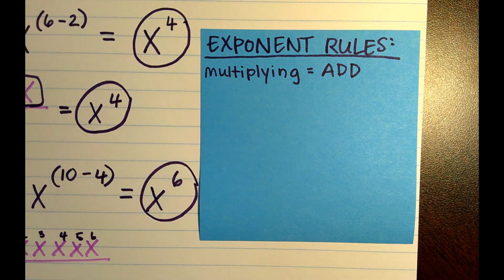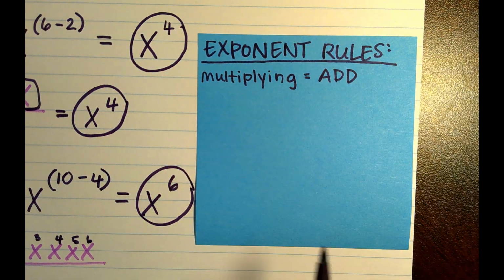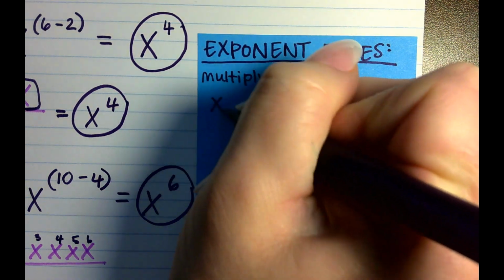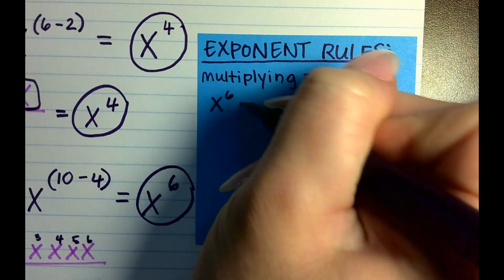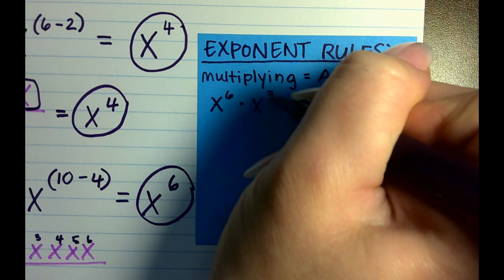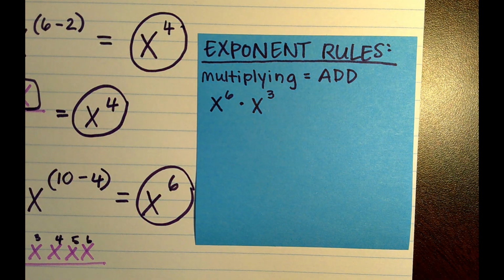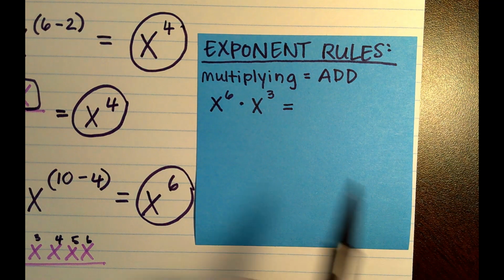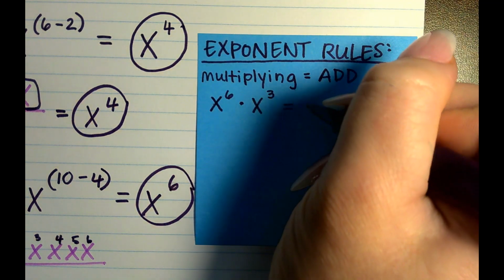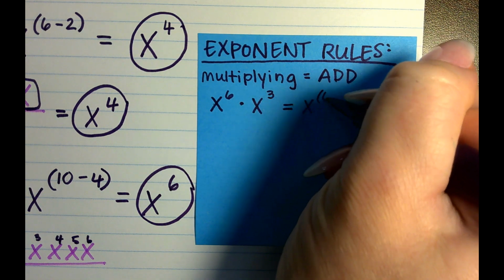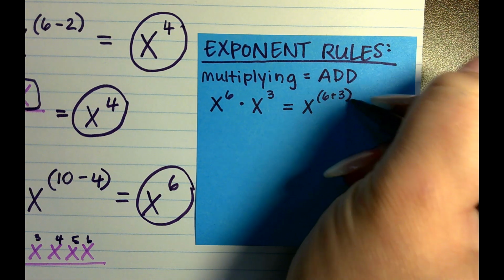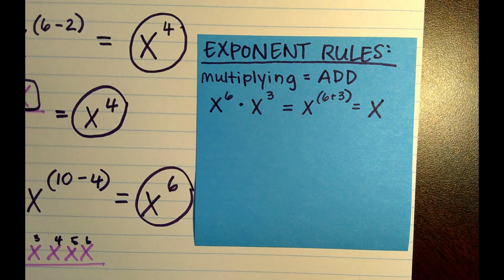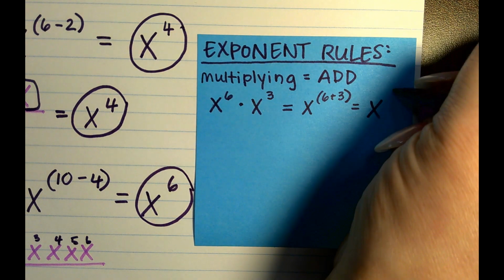When you're multiplying, add, and then I'll give an example for each, such as x to the 6th times x to the 3rd equals x to the 6 plus 3. And what would our answer be here? X to the 9th.